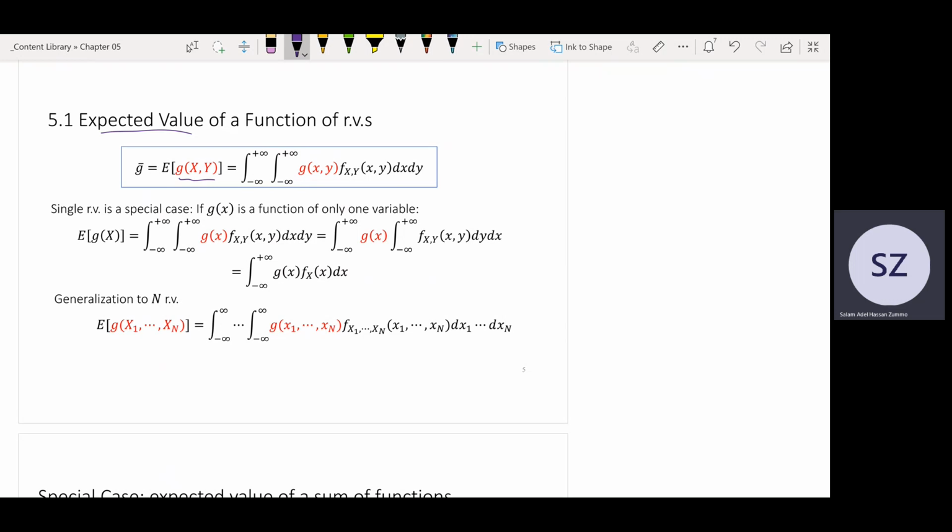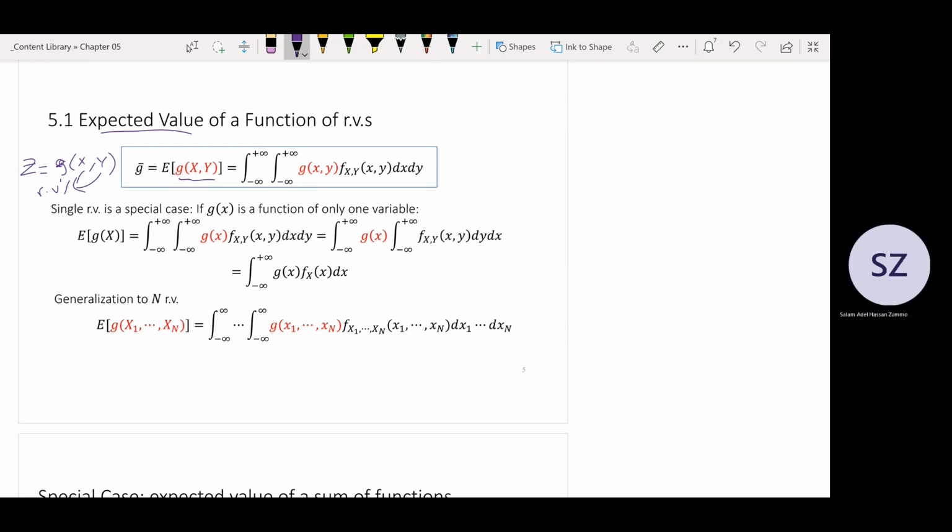So call z equals g of x and y, where x and y are random values. So z is a new random value.